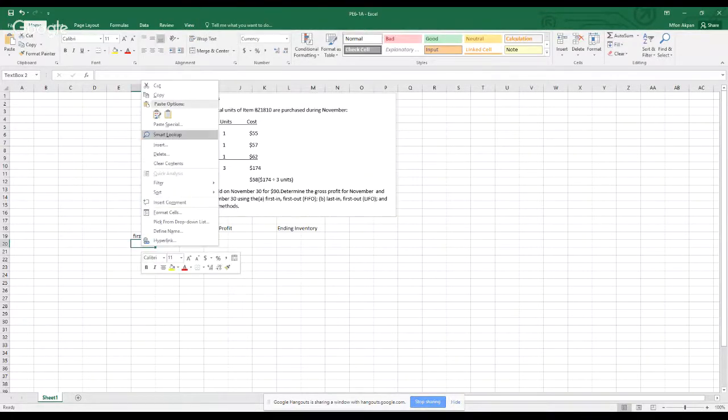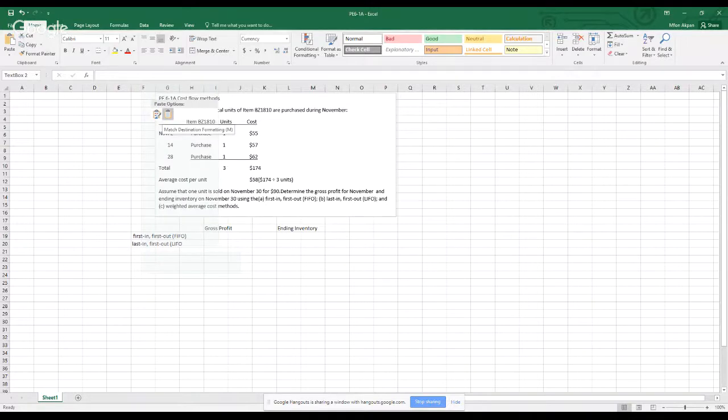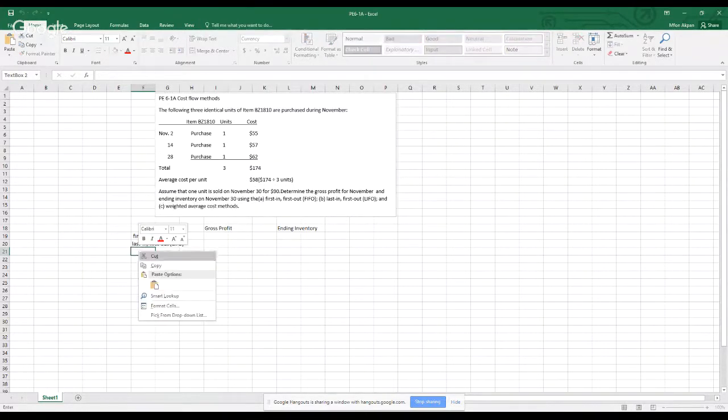So we got LIFO. And then the last one is this weighted average cost method. So let's put that one in here. Weighted average cost method. There we go. Get annoyed with that little parentheses.